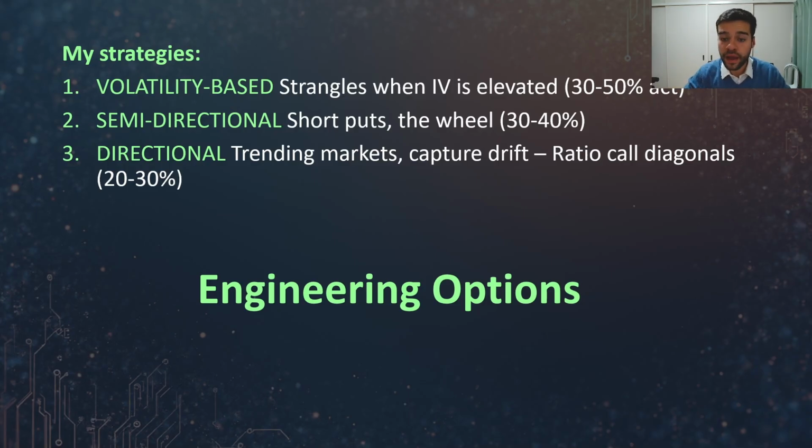When VIX is elevated and volatility strategies have more juice, I allocate more to them. If not, I allocate more to semi-directional or directional strategies, mainly when the market is trending. If the market is choppy but volatility is low at the same time, I will sit a bit more on the sidelines and have less allocation outright.